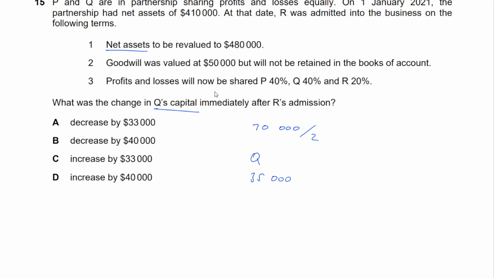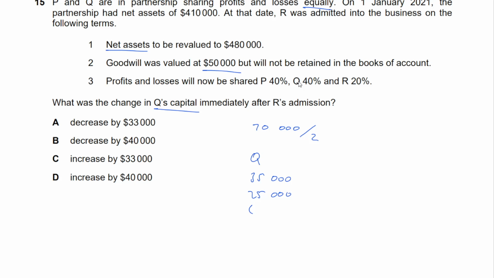What about the goodwill? If you don't want to retain it in the books of account, the method is to give the old partners, the original partners, the goodwill based on their original profit sharing ratio, which is 50%. So that is 50,000 times 50%, 25,000 each. And we subtract the new sharing ratio.